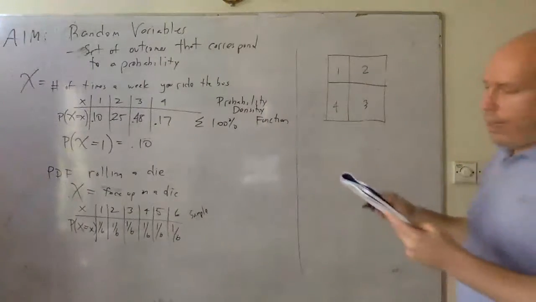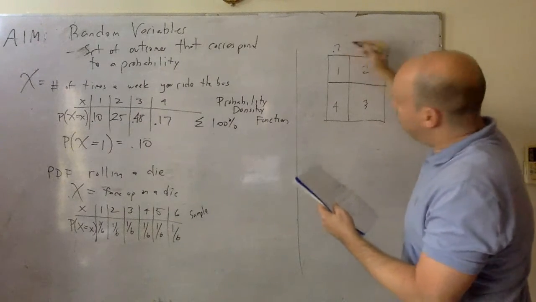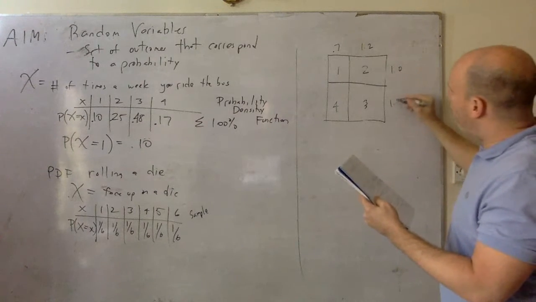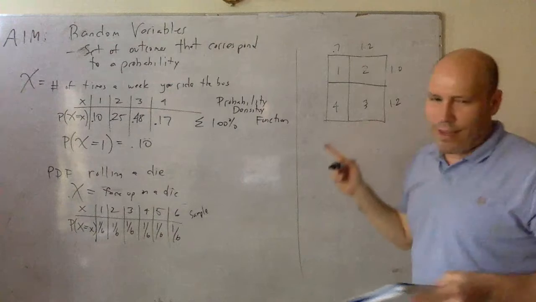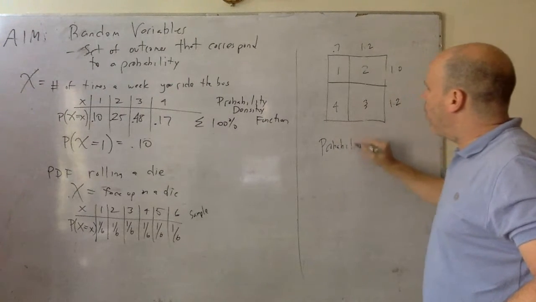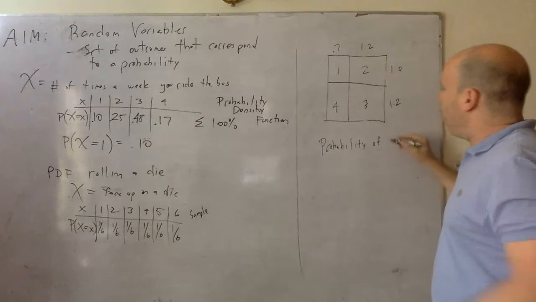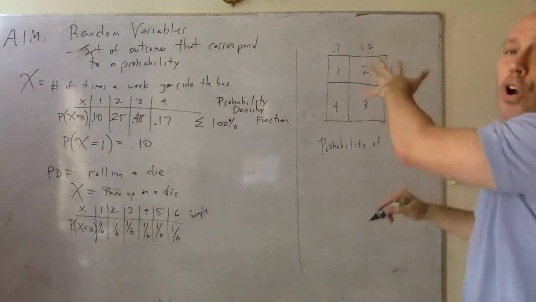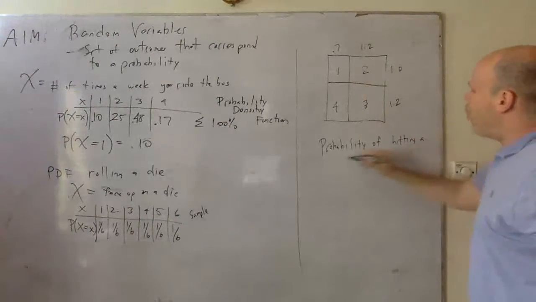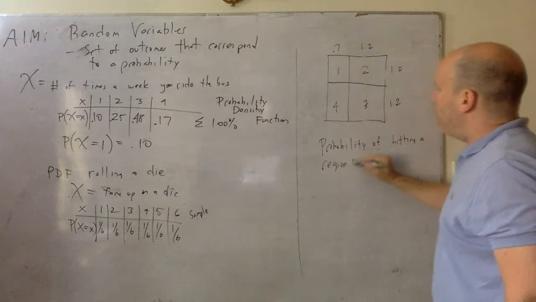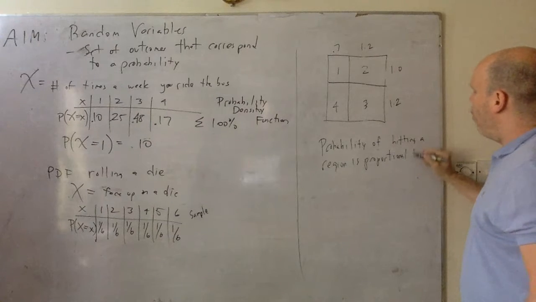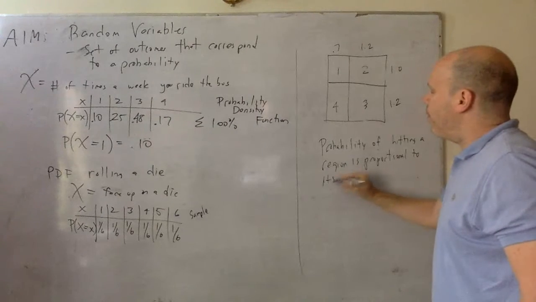And the question, let's see, this is 0.7. This is 1.2, this is 1.0, and this is 1.2. And they say the probability of, whether it's like throwing a dart or some type of ball, the probability of hitting a region is proportional to its area.